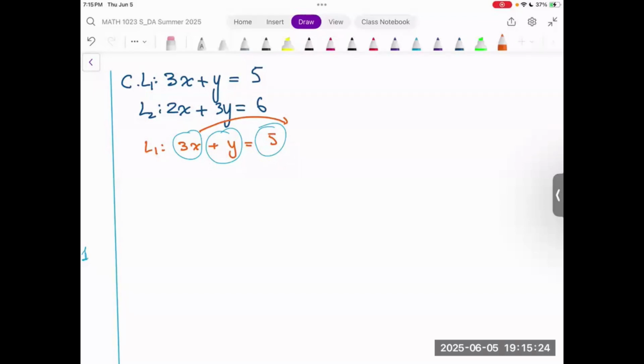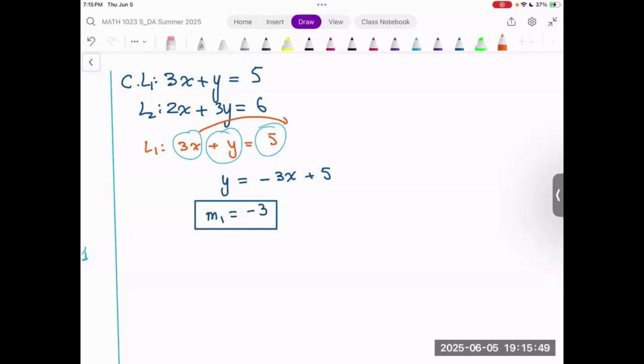What is the term next to the y? It is the x, 3x, right? So move it to the other side. This will become y equals minus 3x, since it used to be positive 3x. And the 5, I didn't move it, so plus 5. Can you identify the M? Negative 3. Very good. So M1 is equal to negative 3.